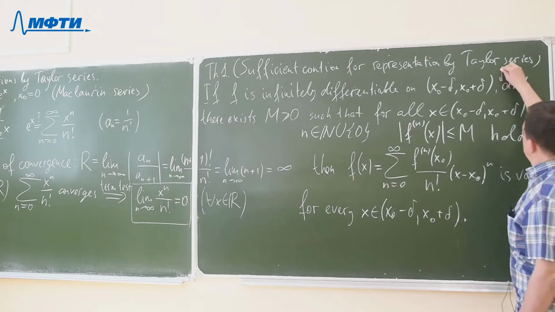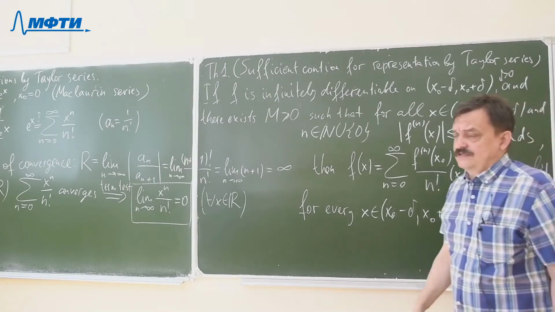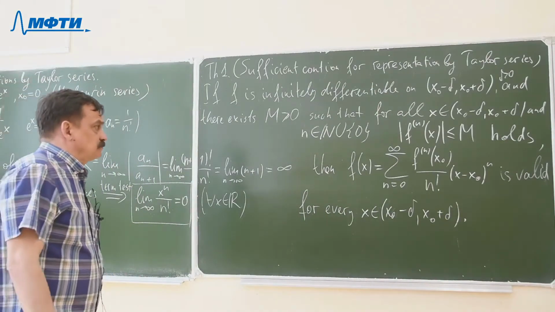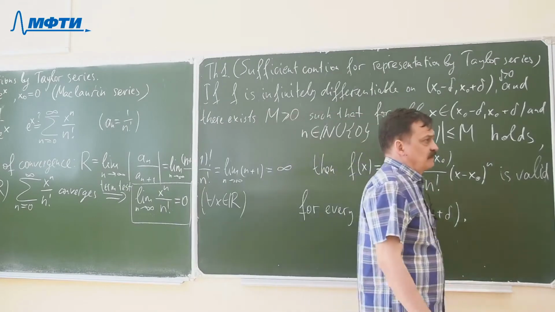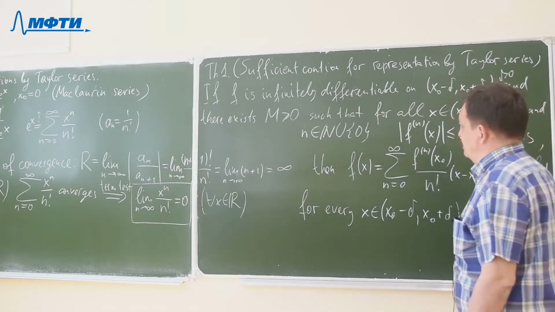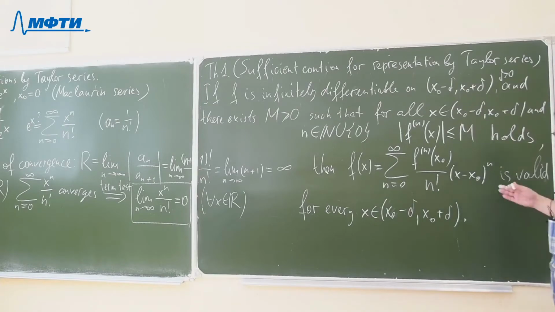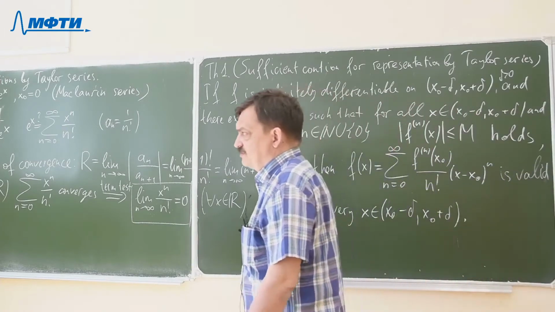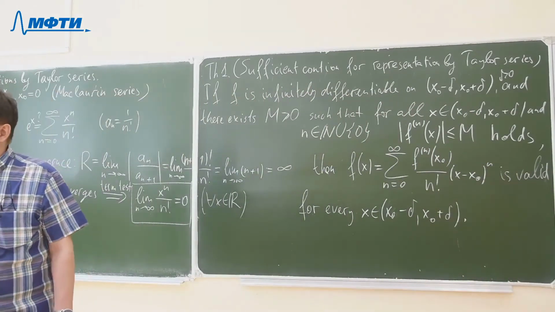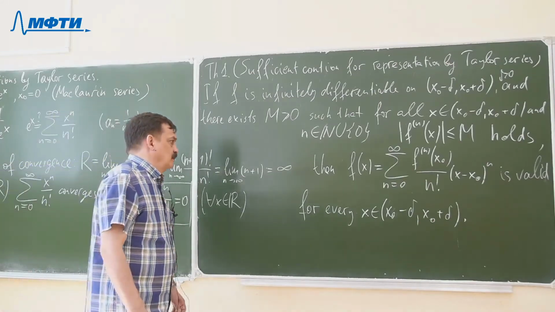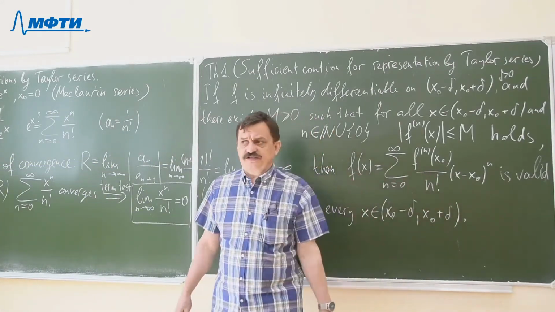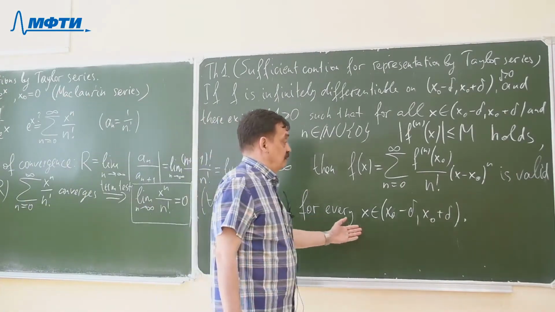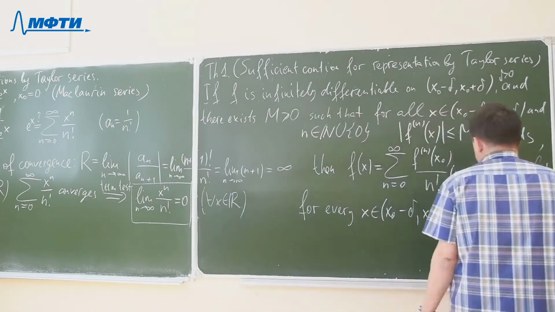Of course delta should be positive, otherwise it makes no sense to consider it. So what does this theorem say? It says that once we have a bound for any derivative at an arbitrary point of our interval, we can represent our function by its Taylor series inside this interval where our derivatives are bounded.